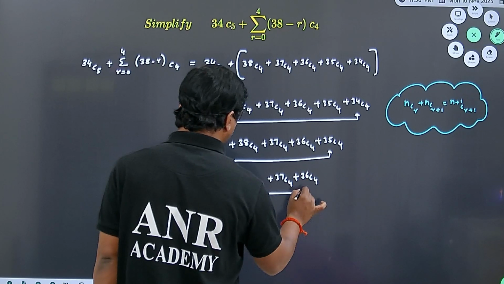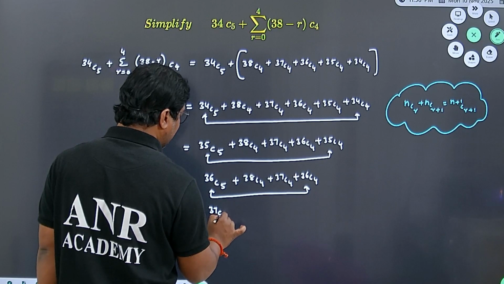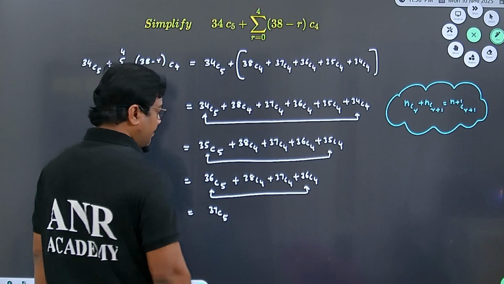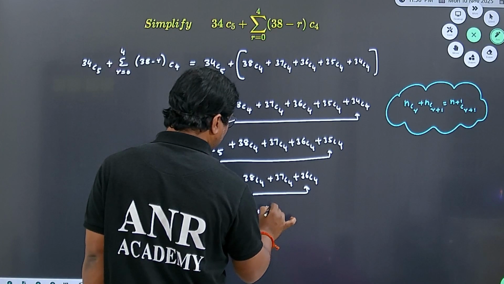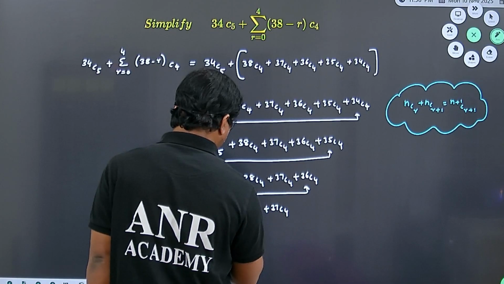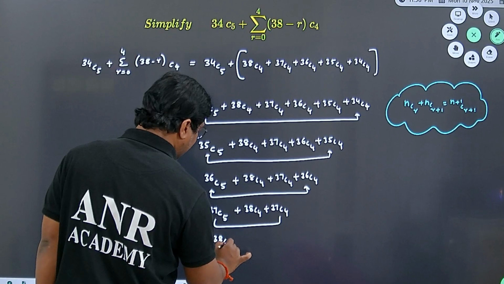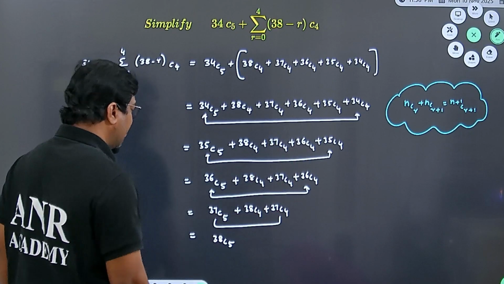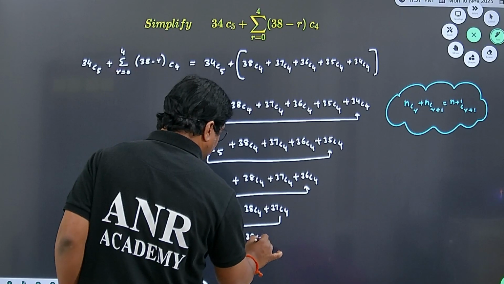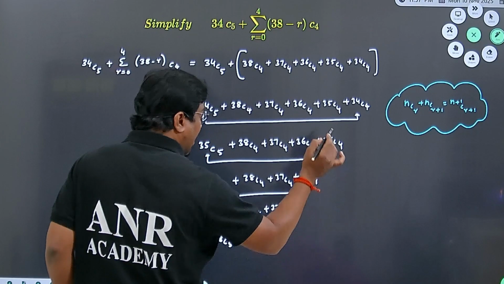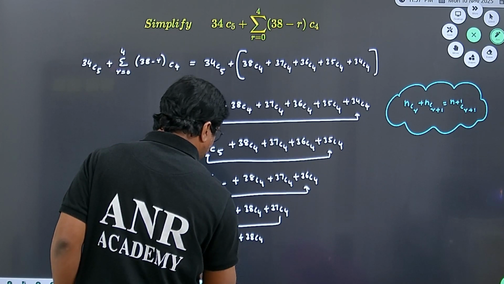Now adding these two, the sum of successive binomial coefficients gives 37C5, plus 38C4 plus 37C4. Now the sum of these two, with the formula, gives 38C5, plus 38C4. Again using the same formula, we get 39C5 as the answer.